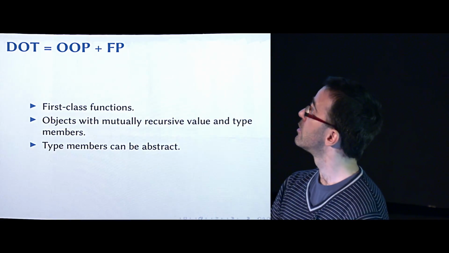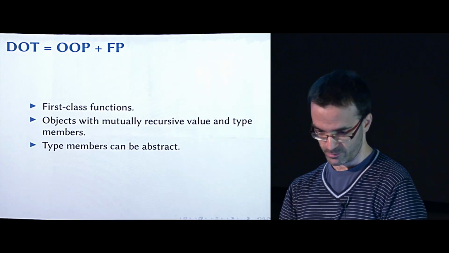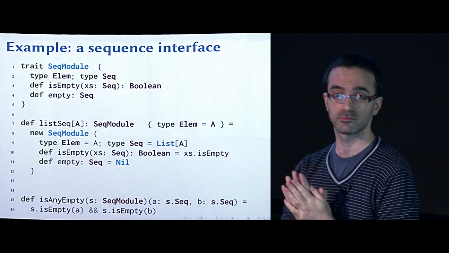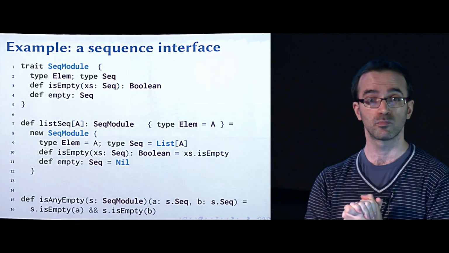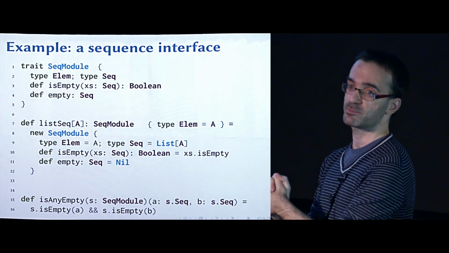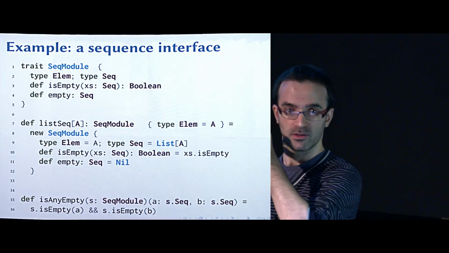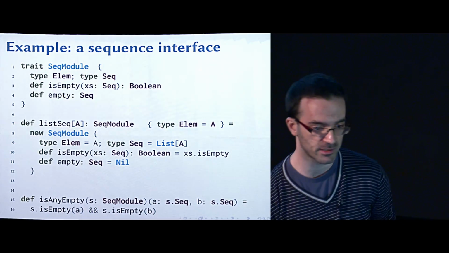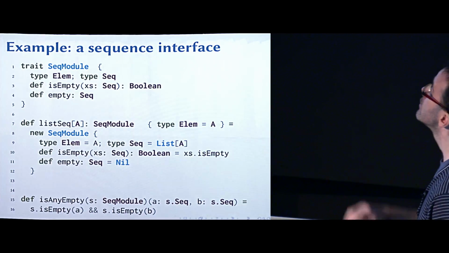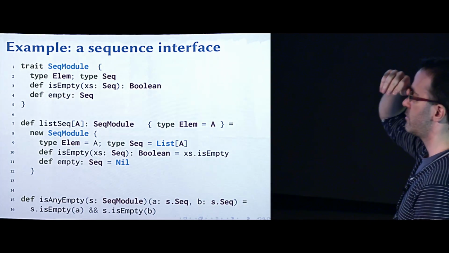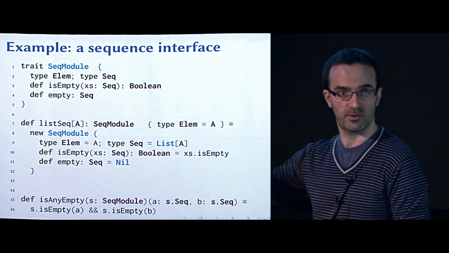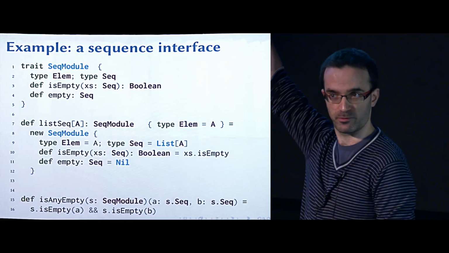And now to get this a bit more concrete, let's look at this example. Here, we have an example of a trait SeqModule which specifies a small interface, a very small subset of the interface of a sequence library. So an object implementing this interface will have two type members which specify the type of elements and the type of the sequence.